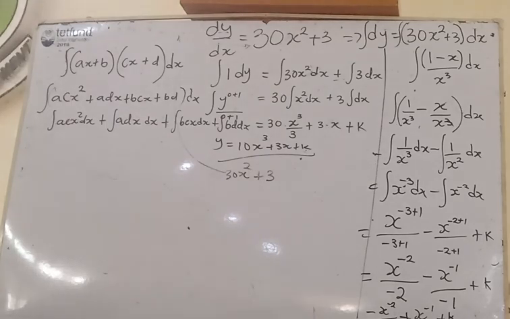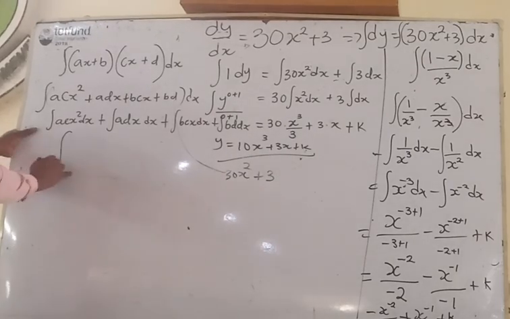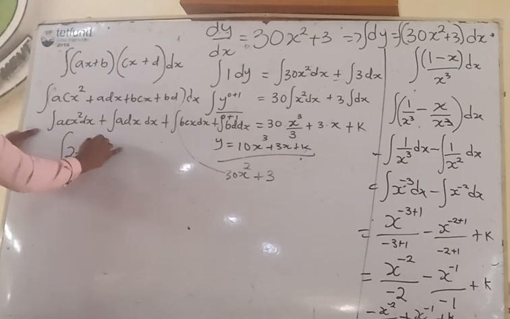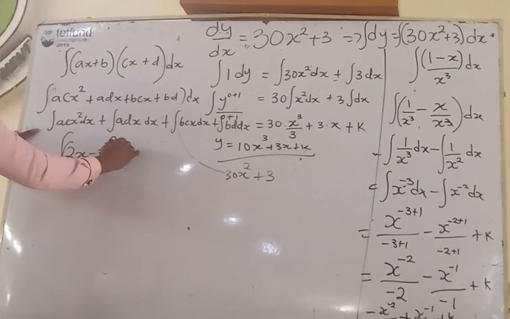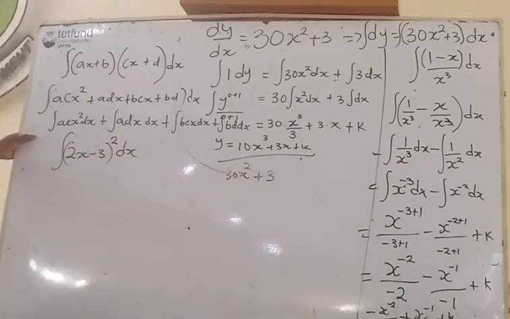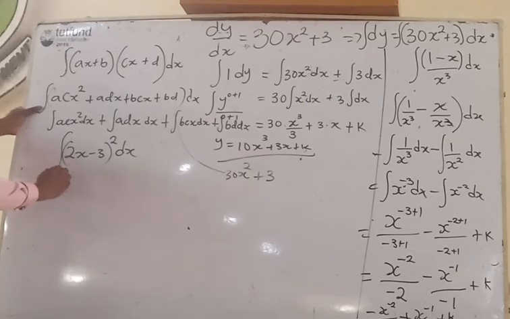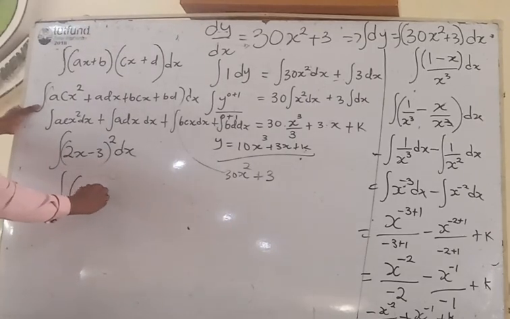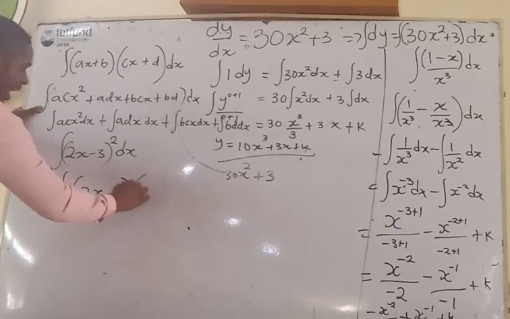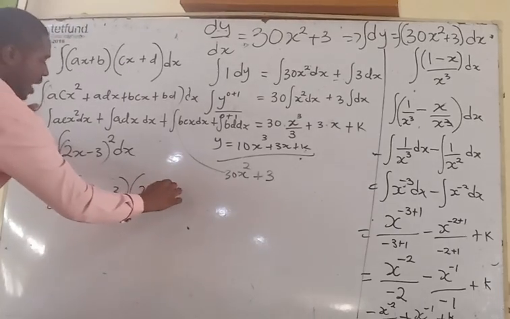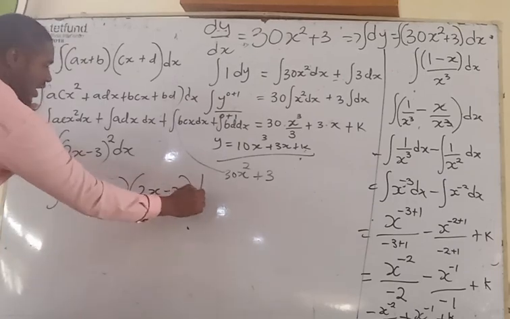Now, for that reason, let me give you, for instance, integral of 2x minus 3 all squared dx. Anybody can do this. What am I supposed to do? I'm going to take the integral of 2x minus 3 and then multiply it by 2x minus 3 dx.